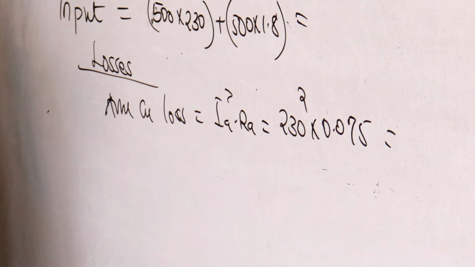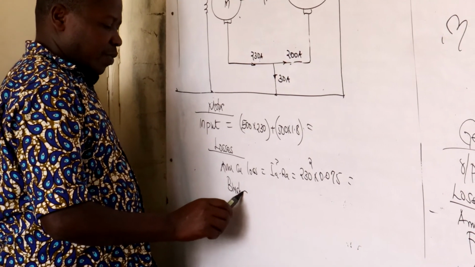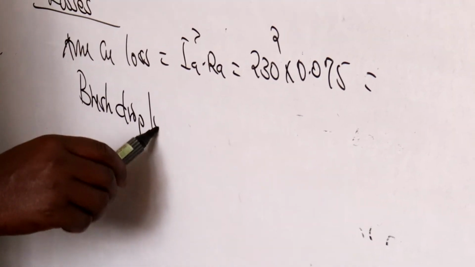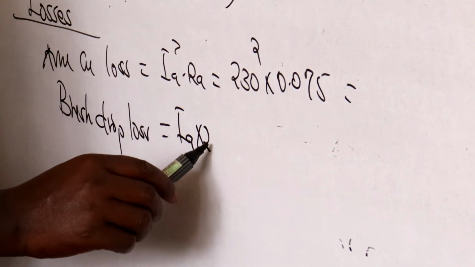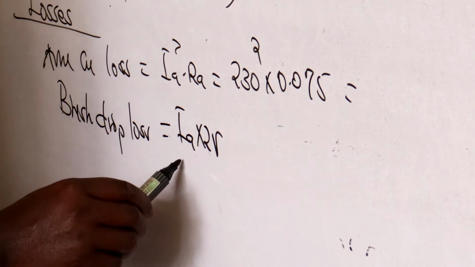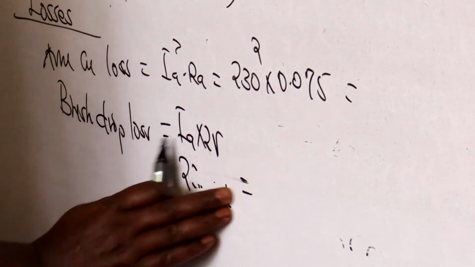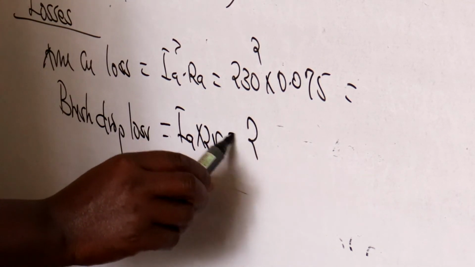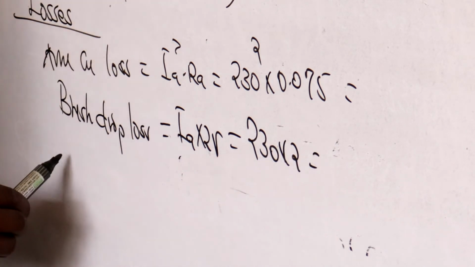Therefore the brush drop loss is given by the armature current times the volt drop, which is 230 times 2.